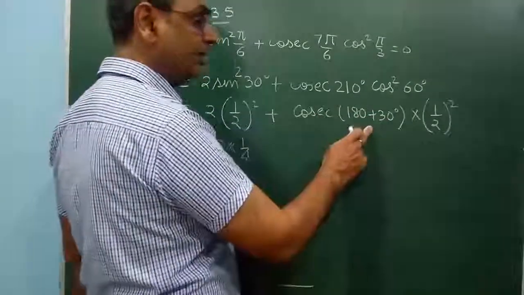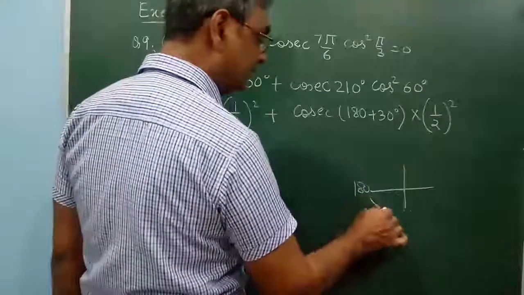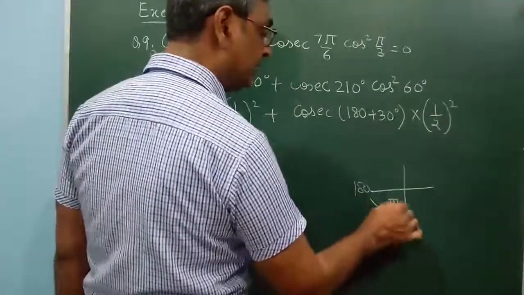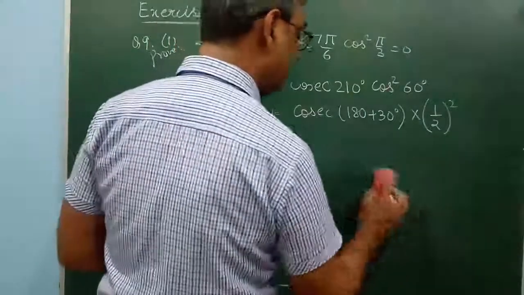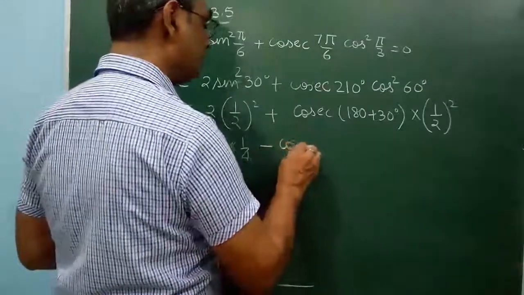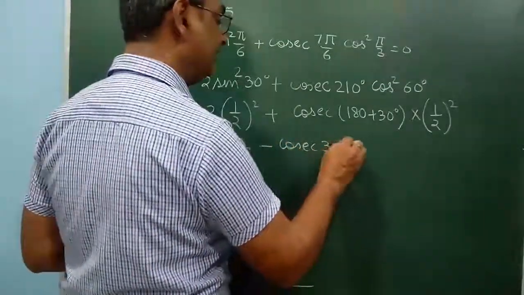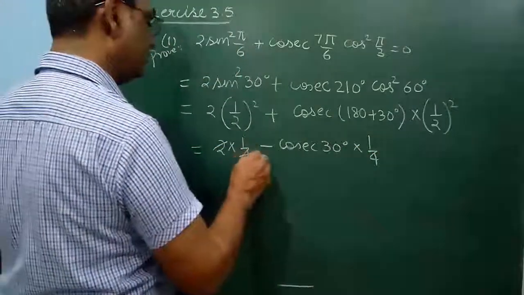This is which quadrant? This is 180 and plus means which quadrant? Third quadrant. So we are in third quadrant and cosec is negative in third quadrant. So it will be minus cosec 30 degree into 1 by 4. This is 1 by 2.